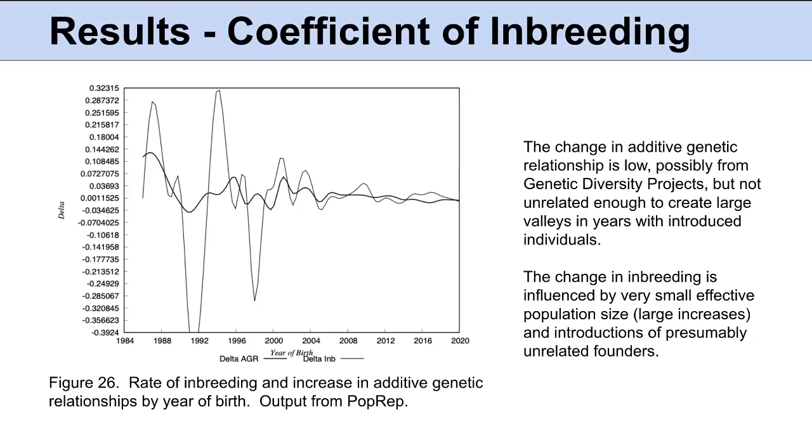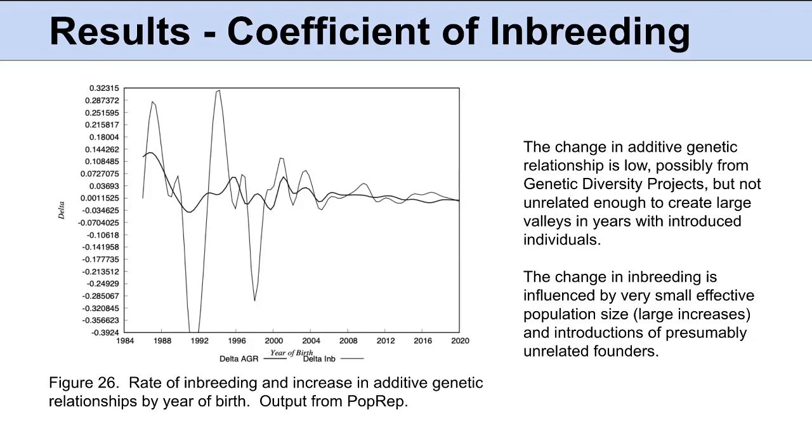And this data from PopRep is showing the rate of inbreeding and the increase in additive genetic relationships by year of birth. So what we're looking at here, PopRep could have used colors, but the bolder line is the change in kinships or the additive genetic relationship by year of birth.